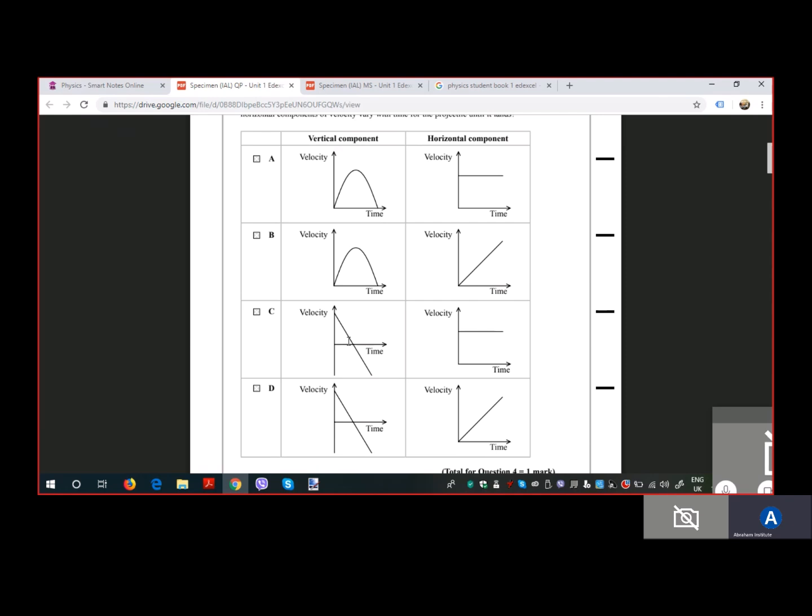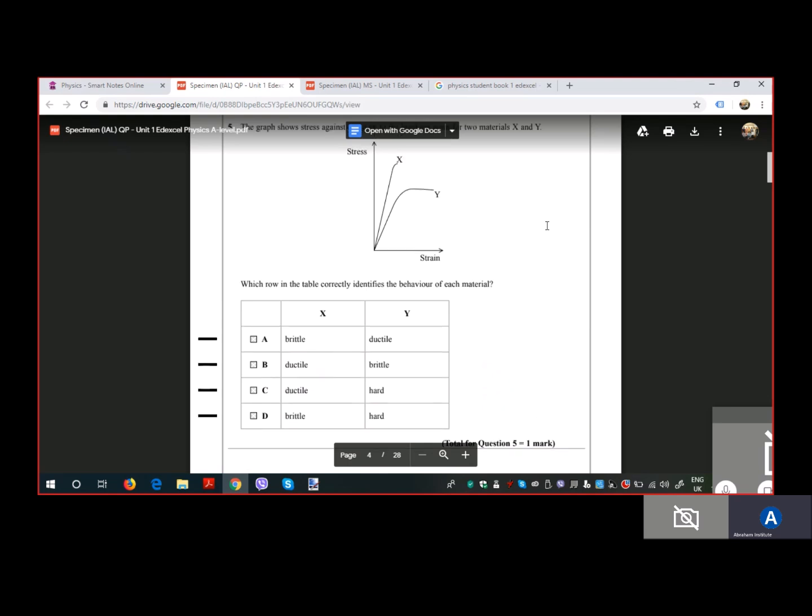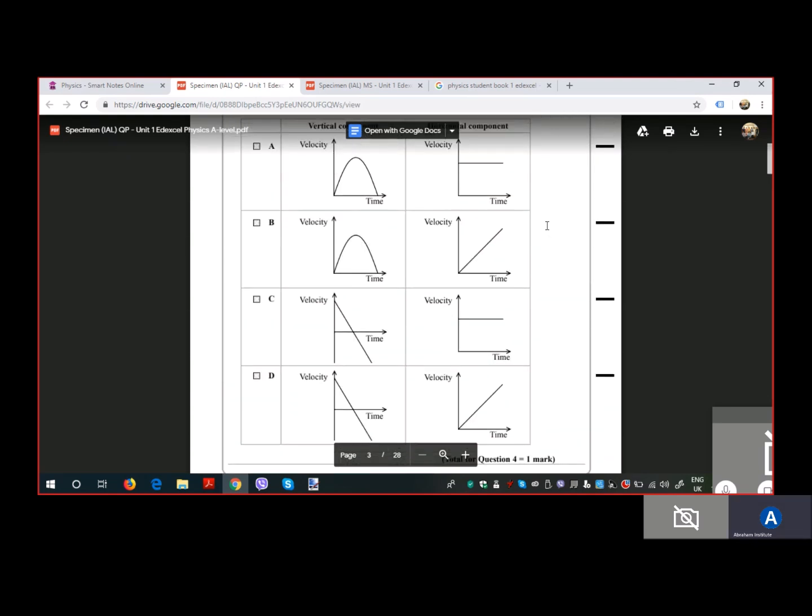So then why is the gradient not positive? Because it's not increasing. The gradient depends on which direction you choose. Here they have taken up as positive.